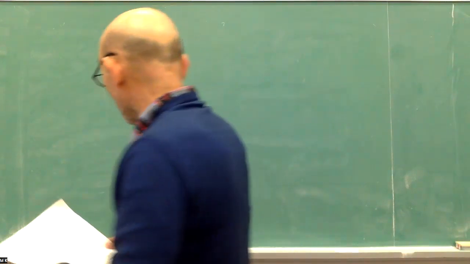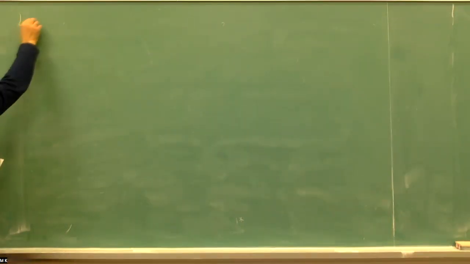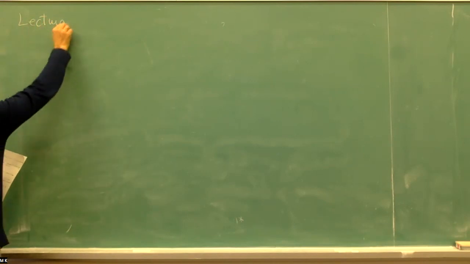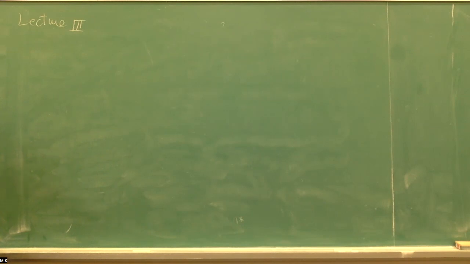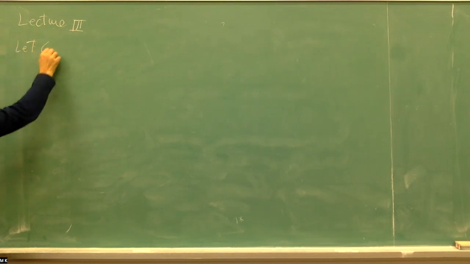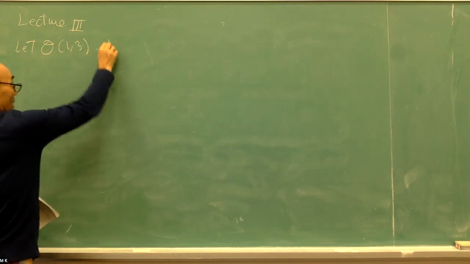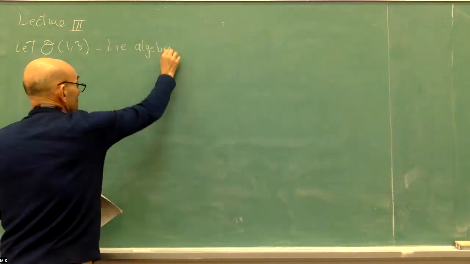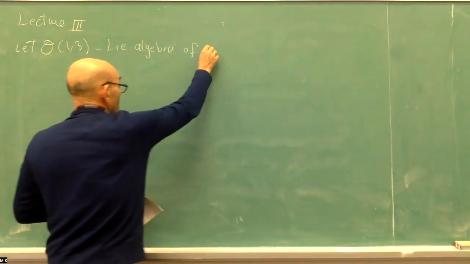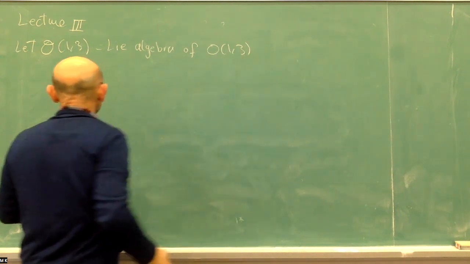So, for today, this is lecture 3. Let so(1,3) be the Lie algebra of the Lorentz group.